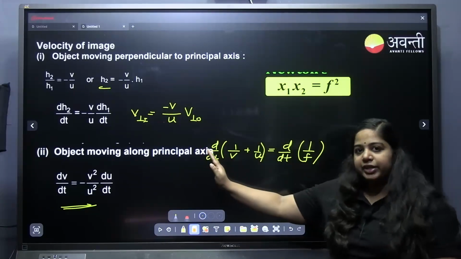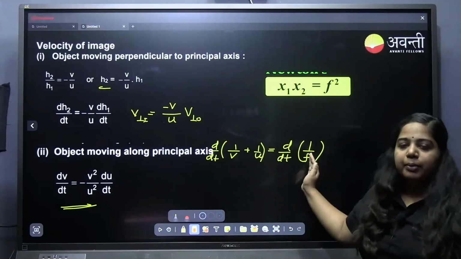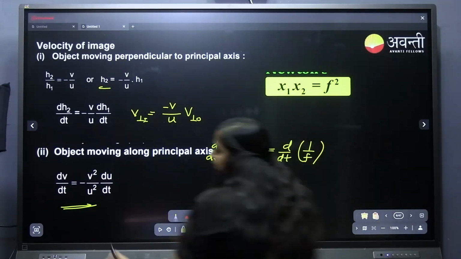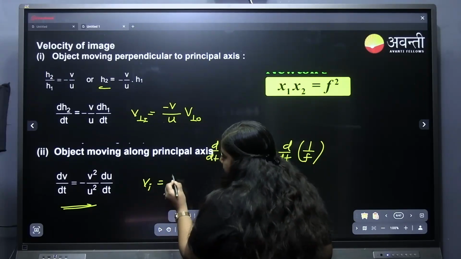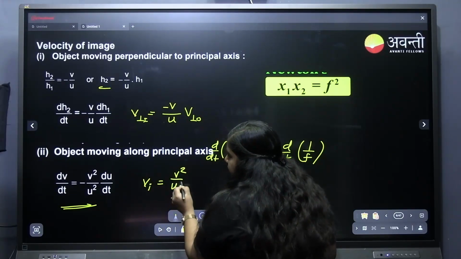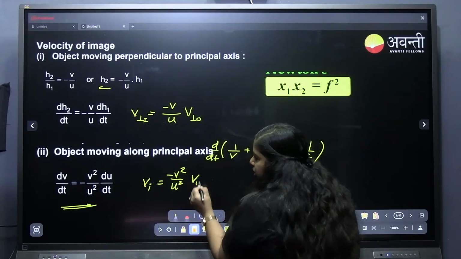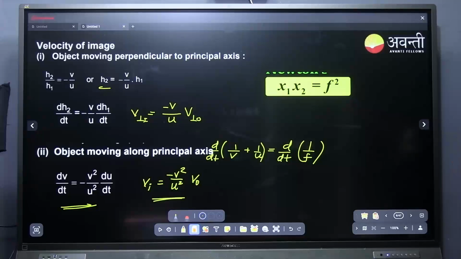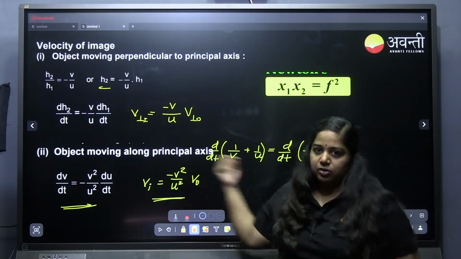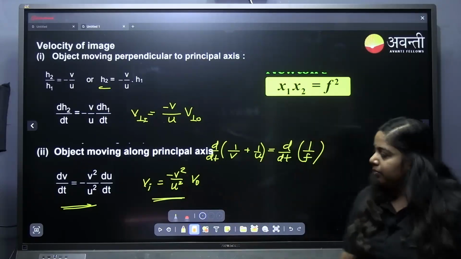Then we bring the terms to the RHS and LHS and get this formula: velocity of image equal to v square by u square times velocity of object. That is for an object moving along the principal axis.